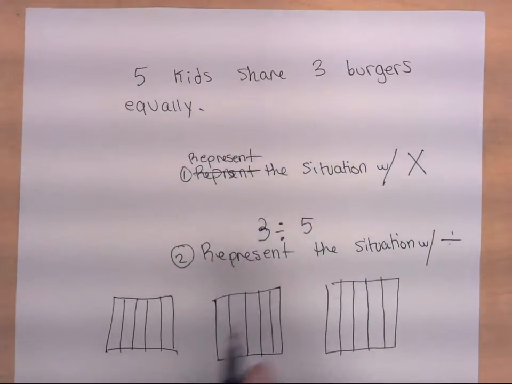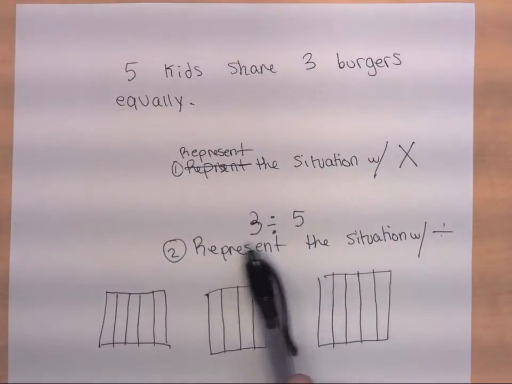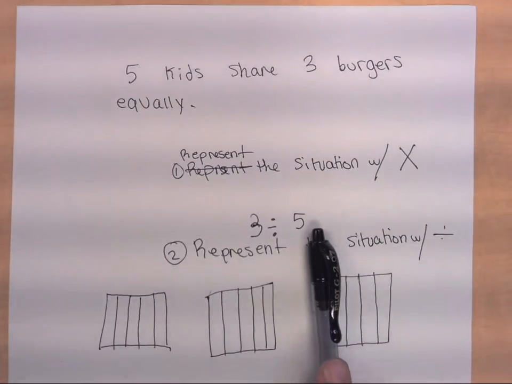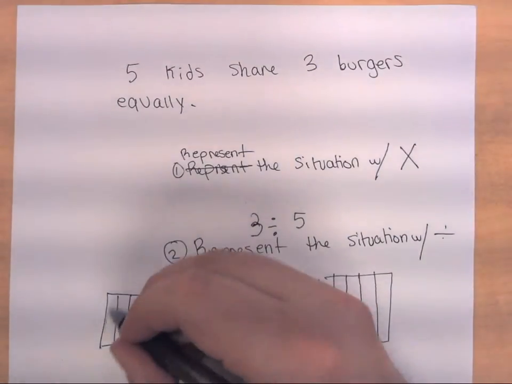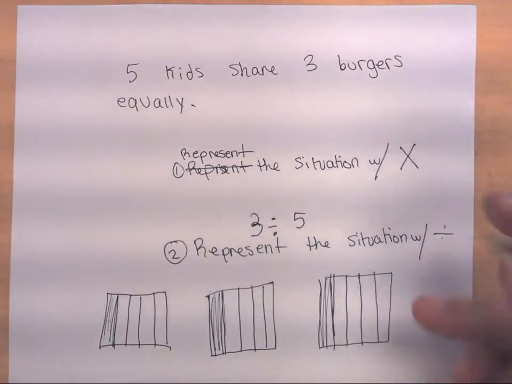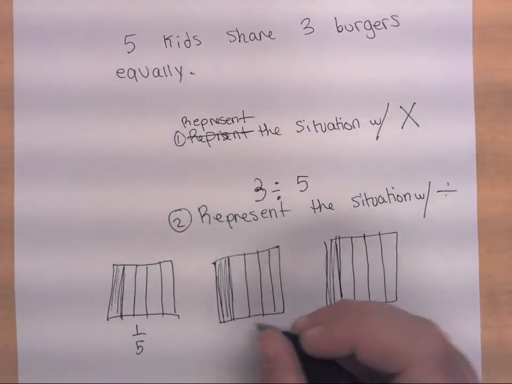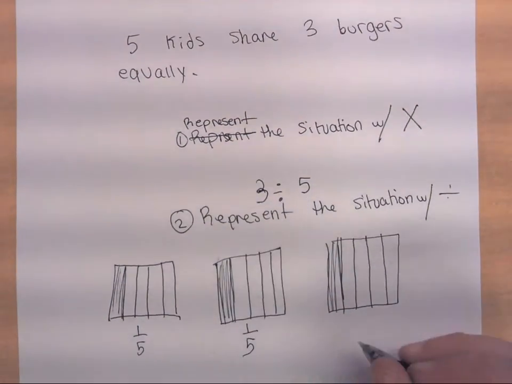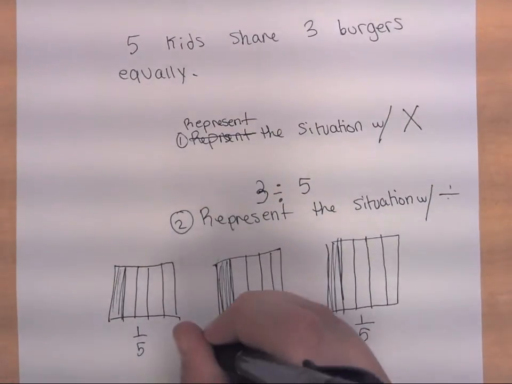So right off the bat, when I draw this diagram, I see the division expression here is 3 divided by 5. And then when I think about how much of a share each kid would get from each burger, they'd get a 1/5 from the first burger, a 1/5 size piece from the second burger, and a 1/5 from the third burger.